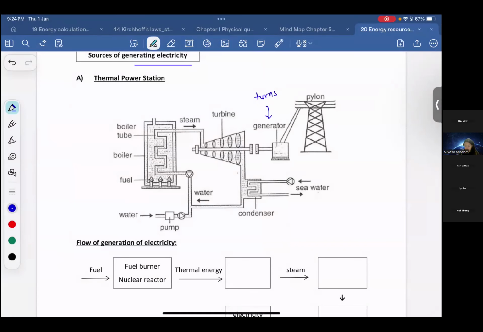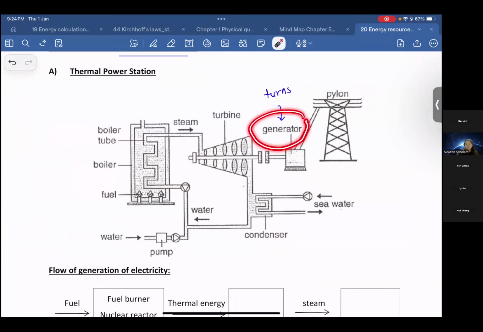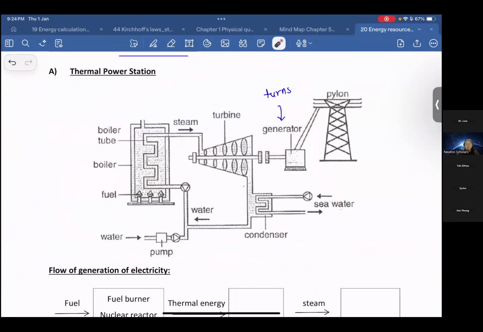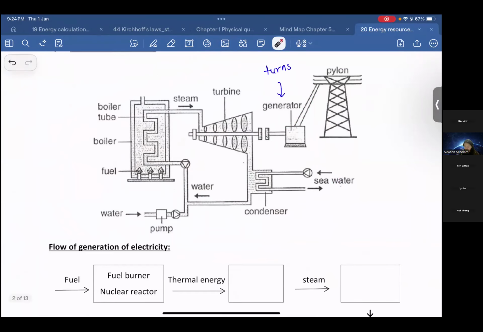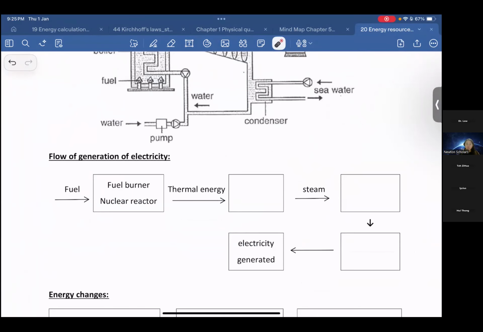Thermal power station. How do we generate electricity? We are going to turn the generator inside the power station. Actually, this is the whole part. How? We can burn something to produce thermal energy, to produce heat. So how do we burn? We can use fossil fuel. The fuel can be coal, oil, or gas.